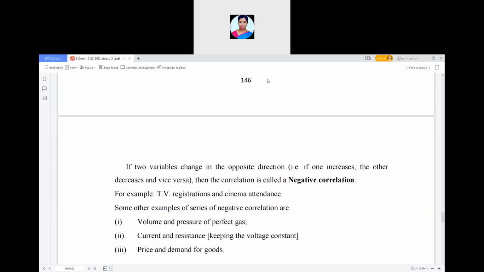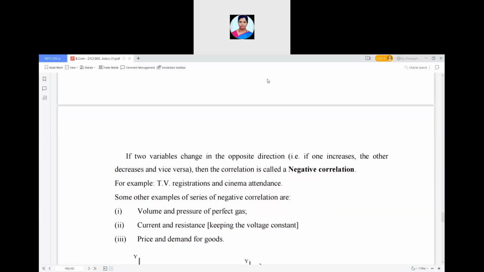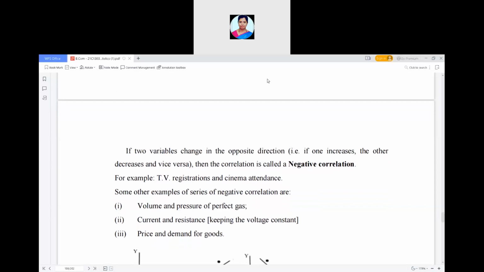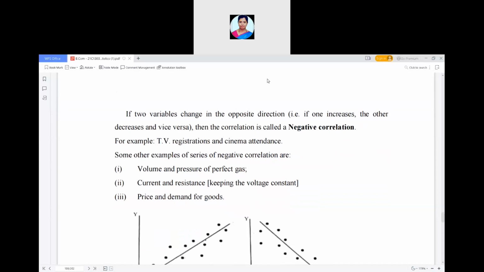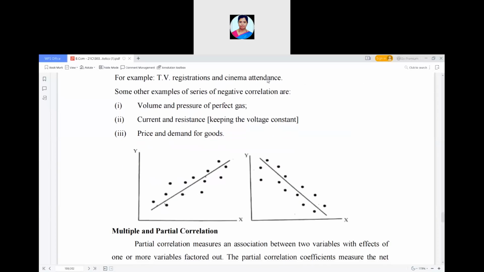For example, TV registration and cinema attendance. Some other examples of negative correlation are volume and pressure of a perfect gas, current and resistance, price and demand for goods. So these are the things we have.